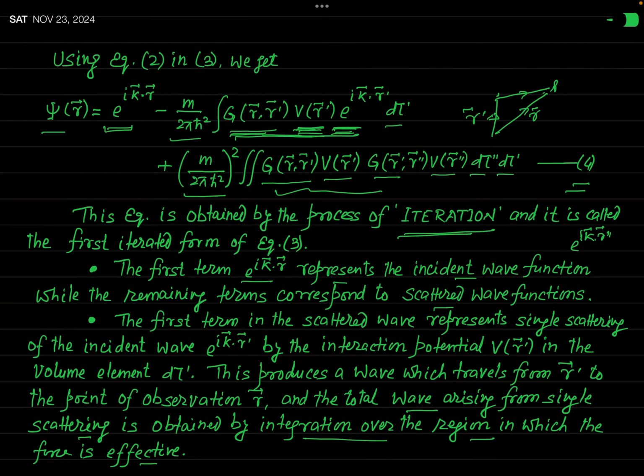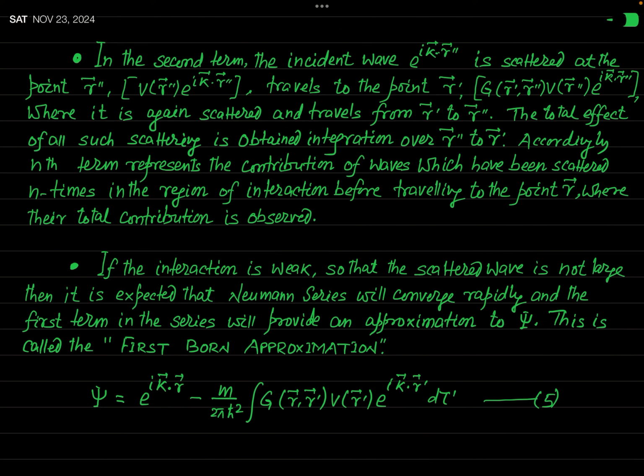And this incident wave will be scattered at the point r double dashed. This is V of r double dash e to the power i k dot r double dash.